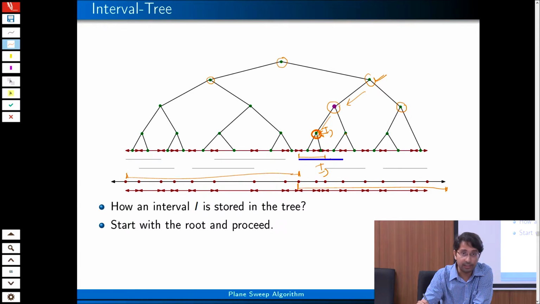Does the remaining interval participate in both sides? No, only the left-hand side. I go here and store ij here. This is how I am storing. What is ij? ij is the union of three elementary intervals. But I am storing ij into two nodes because this is the union of this and this, so instead of storing ij here and ij here, I can store ij in this node.